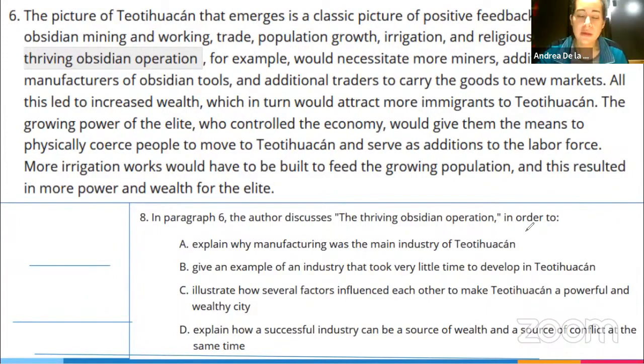Okay, thanks, Valentina. So in paragraph 6, the author discusses the thriving obsidian operation. Okay, same thing here. I'm gonna give you guys a few seconds. Well, in this case, I'm gonna give you a little bit more. Try to choose an option. Okay, so read the paragraph, look for the answer, let me know what you think.